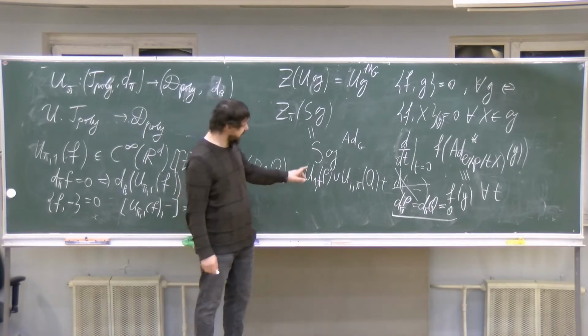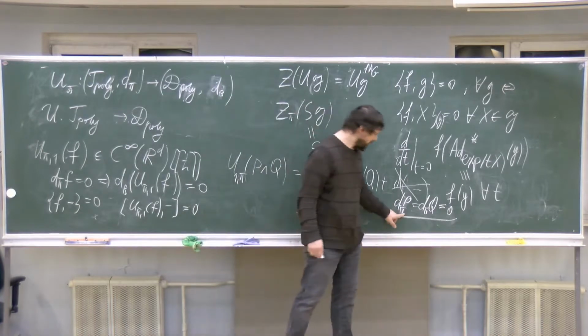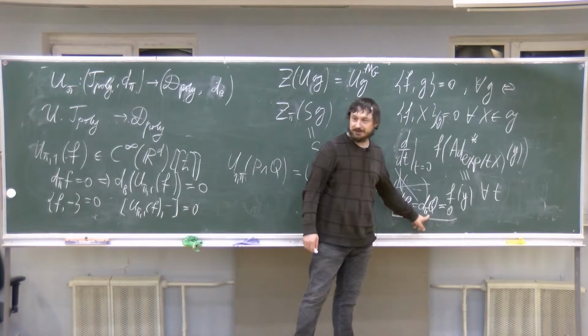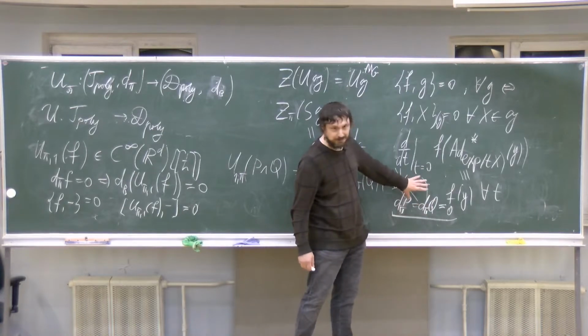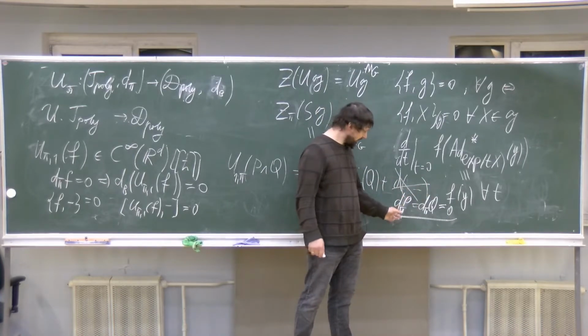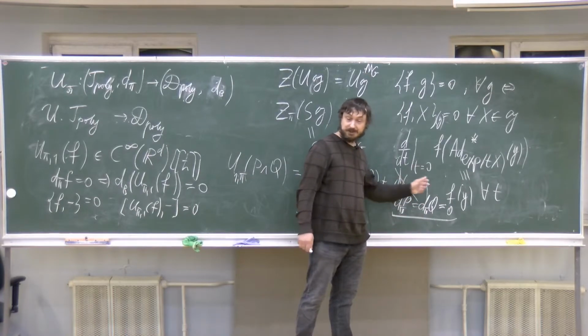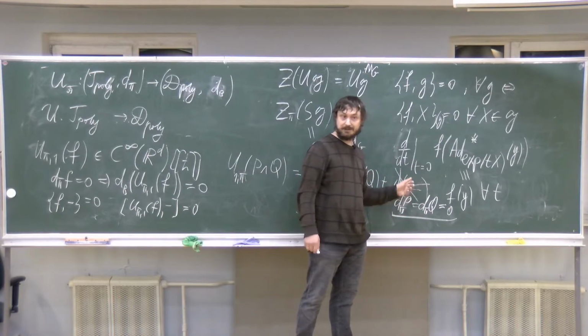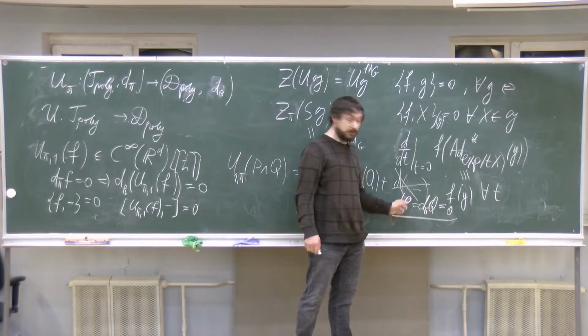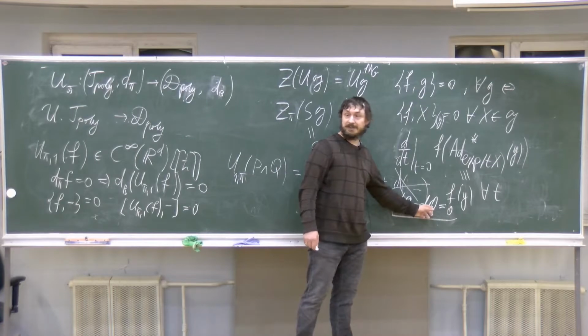If p and q are functions, and both p and q vanish under this differential, so if they are Poisson central, this additional term will vanish. It follows from this condition and from the dimensions count. The only term which could appear here should depend on differentials of p and q, and they vanish.